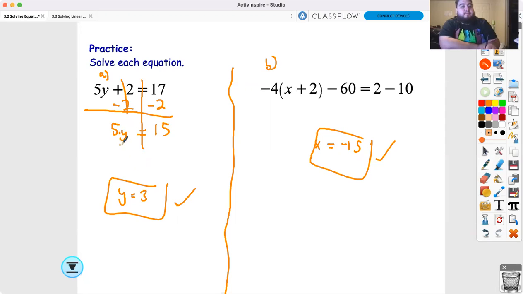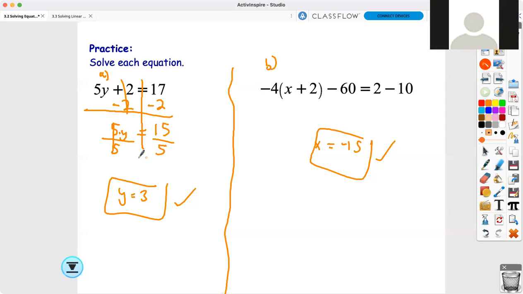And now what's the opposite of multiplying? Dividing. We're gonna divide. What are we gonna divide by to get the y by itself? Would you divide by 5? Yeah, and remember, what we do to one side, we have to do to the other, and then what's 15 divided by 5? 3. And y equals 3.